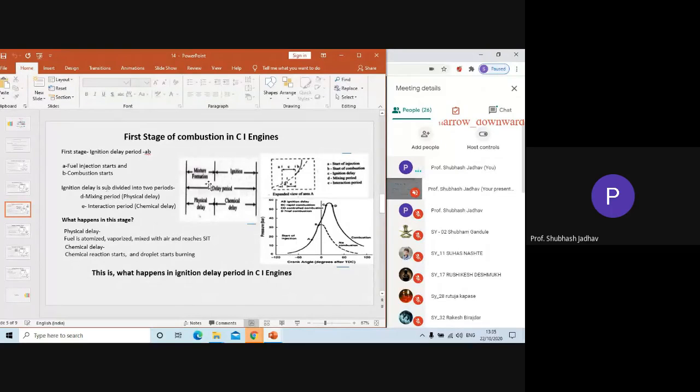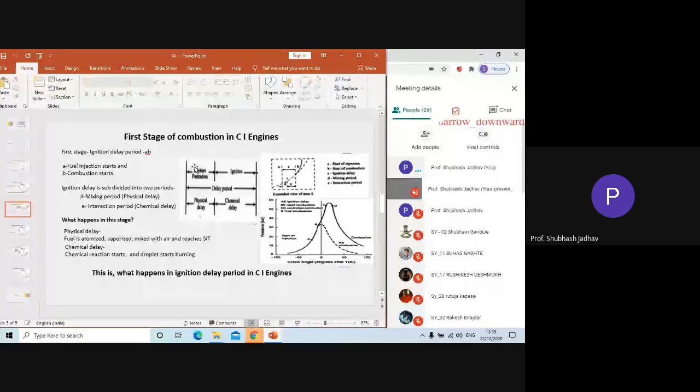Two things are happening. First is the mixture formation, because we have injected the fuel in the form of liquid droplets. So these liquid droplets have to be converted into air fuel mixture. Now it is droplets suspended in the air. It is not a mixture.